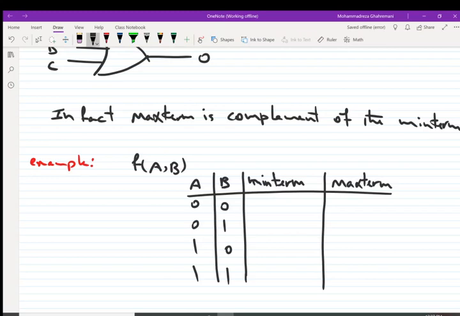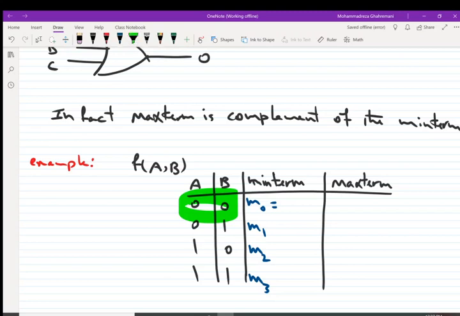So we have four minterms, m0, m1, m2, m3. For m0, which combination of A and B should be applied to yield a 1?